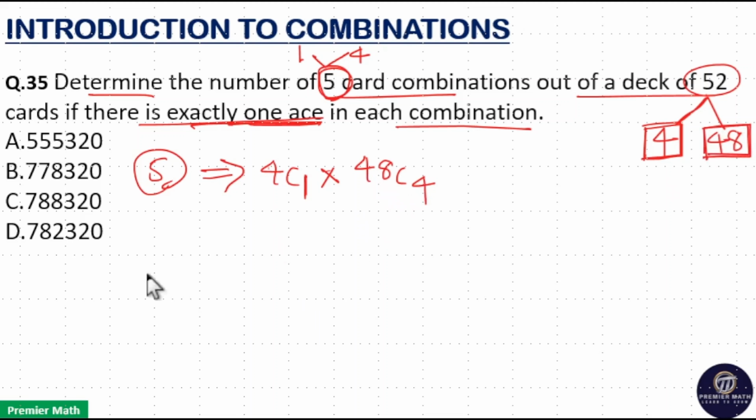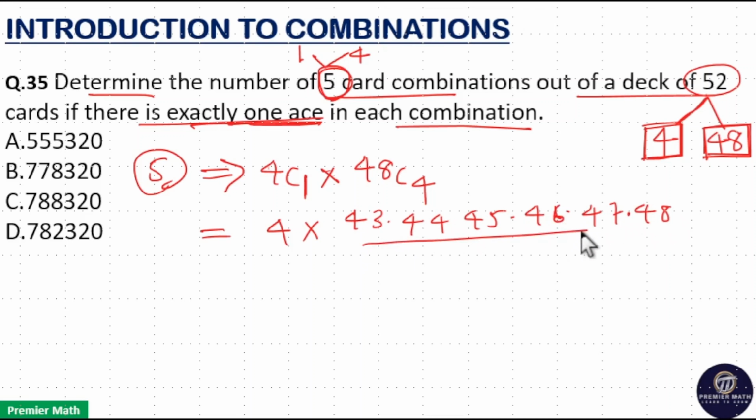So this is the selection of combination of each of these 5 cards, which is equal to 4 into 48 into 47 into 46 into 45 into 44 ... divided by 4 factorial. 4 goes 11 times in 44, 3 goes 15 times in 45, 2 goes 23 times in 46.